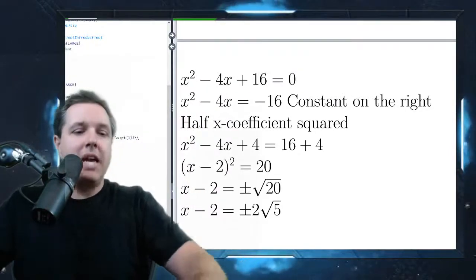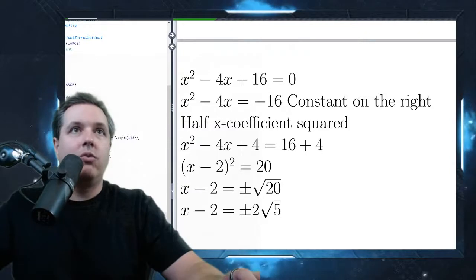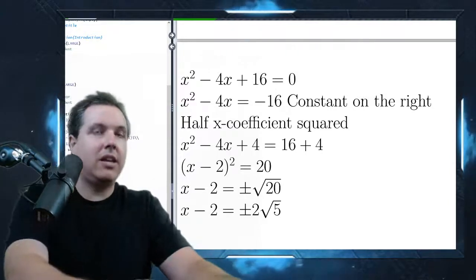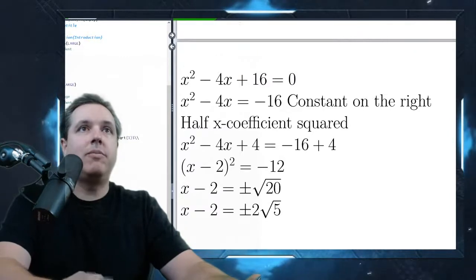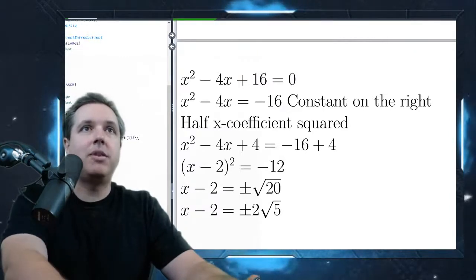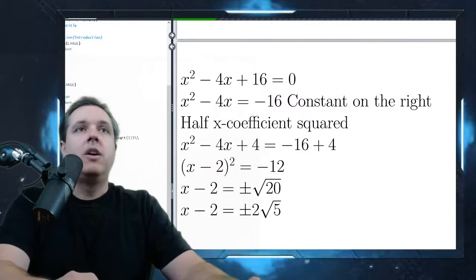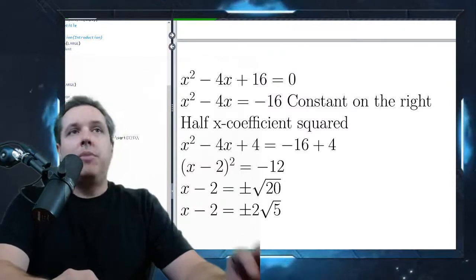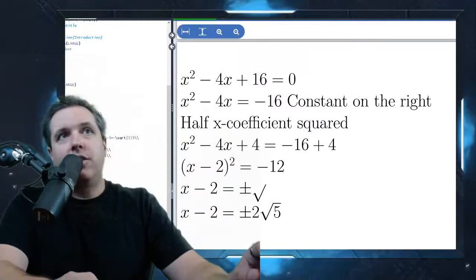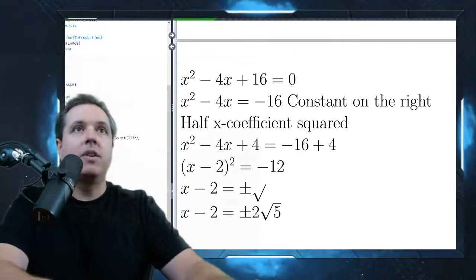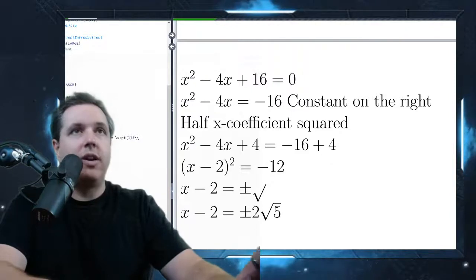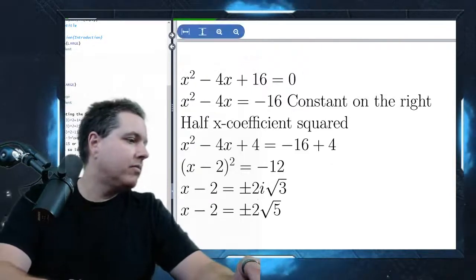This should be a negative 16 plus 4, which should make this a negative 12. So now my simplifying is all messed up here. That's going to become square root of 4 times square root of 3. So this is going to become 2i times the square root of 3, right?